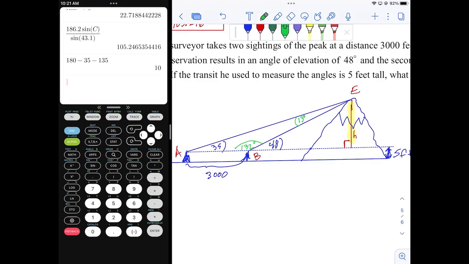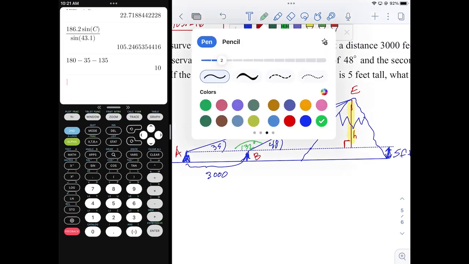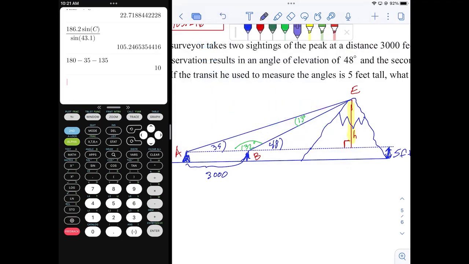So now we can set out to try and find it. I only need one more piece of information for the two right triangles. If I knew the hypotenuse here, I can use right triangle trigonometry to find the height. Same thing on the inside. If I knew this height here or this hypotenuse here, I can use right triangle trigonometry.